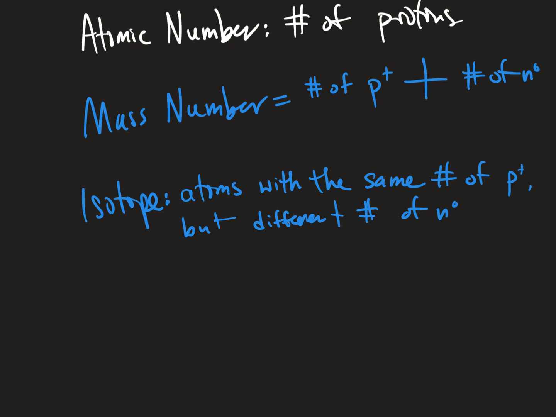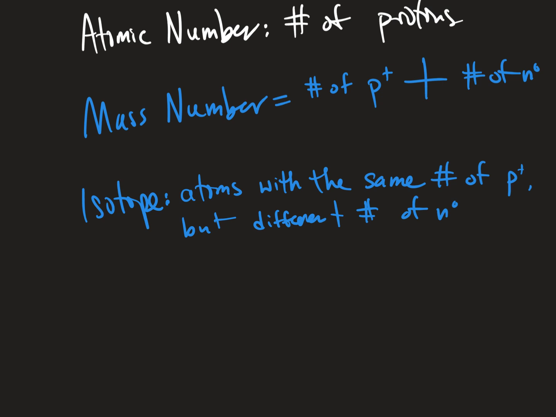And we'll give you an example of these. But does that kind of make sense, everybody? Isotopes are differentiated by the mass number, not the atomic number.